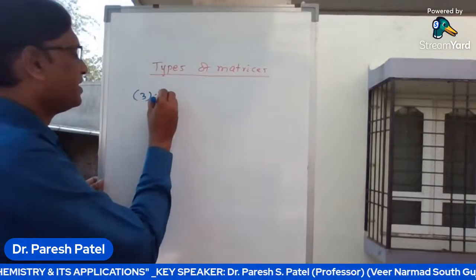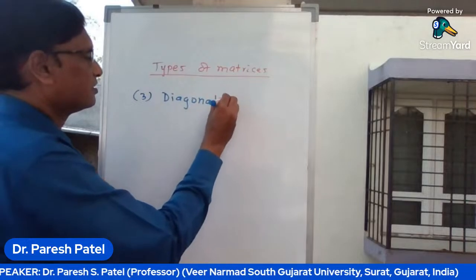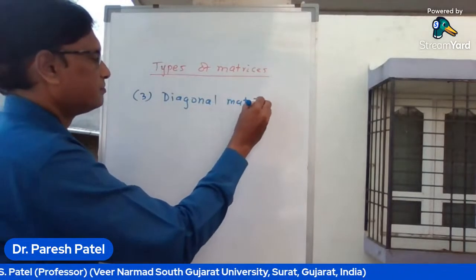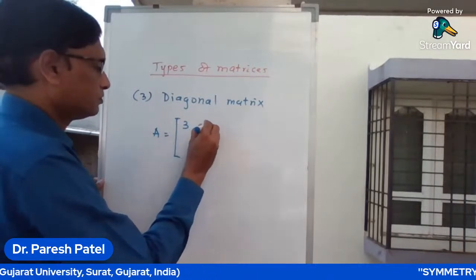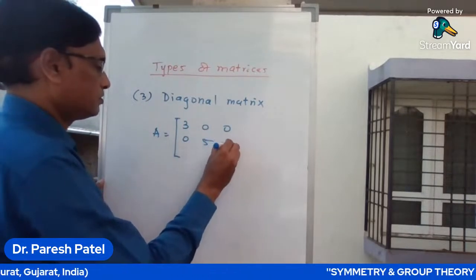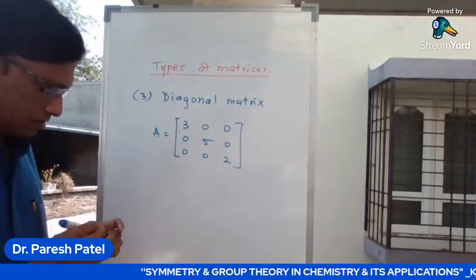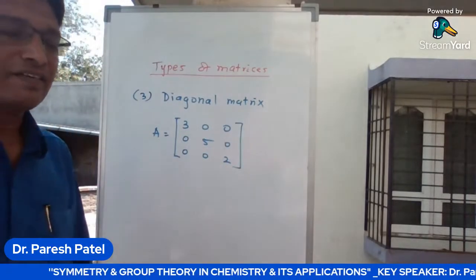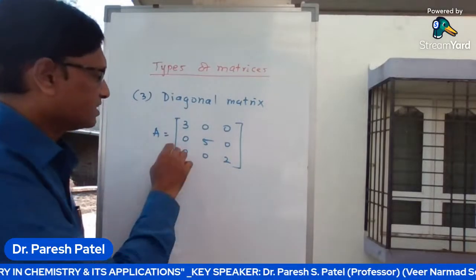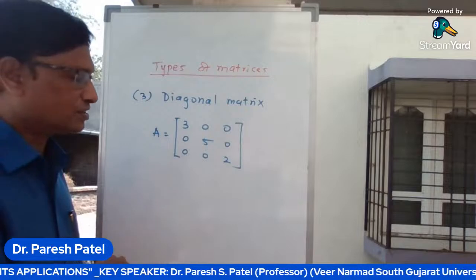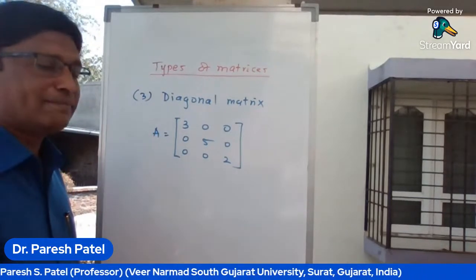The third type of matrix is the diagonal matrix. Now, what is a diagonal matrix? The values at the diagonal positions of this matrix have some definite values, and the values of the elements other than the diagonal elements are 0.